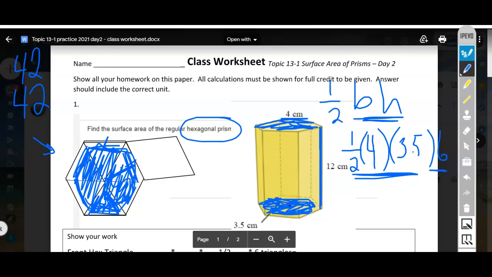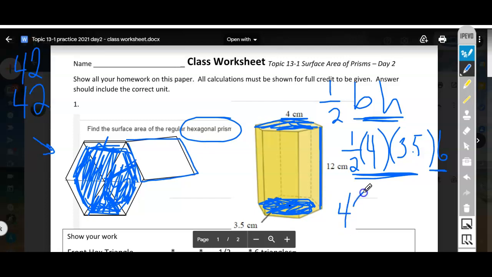All right. Now I got to find the area of my rectangles that close in this prism. So what are the dimensions of the rectangles? 4 and 12.